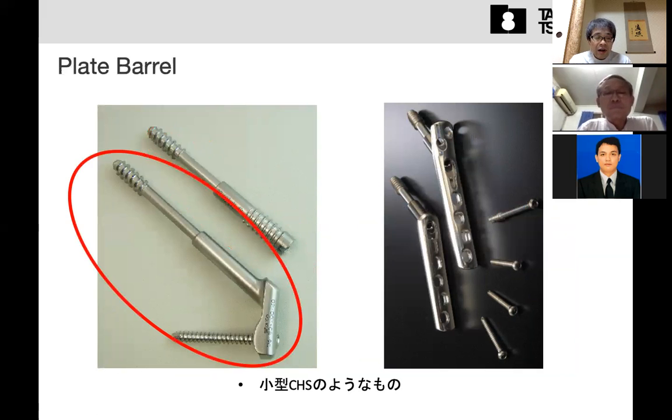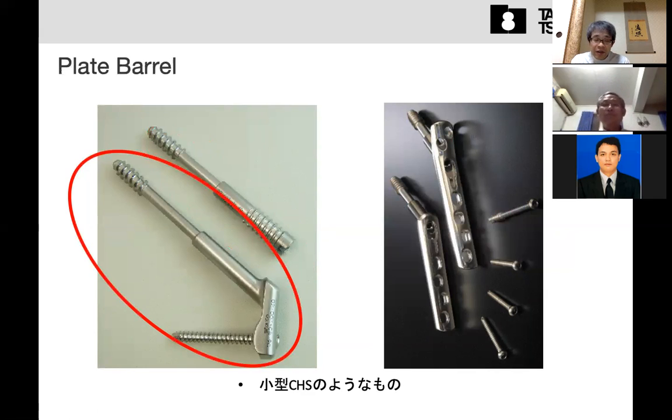But this innovation is that this plate has only one hole for the screw, because multiple screws in a long plate are very difficult to fit to the lateral cortex of the femur, because this angle is strictly decided.